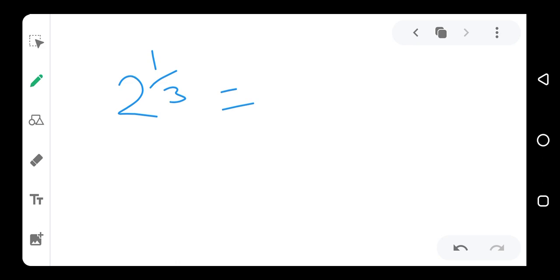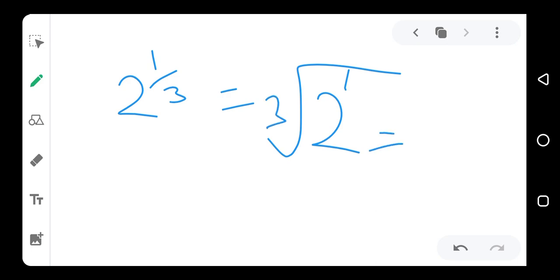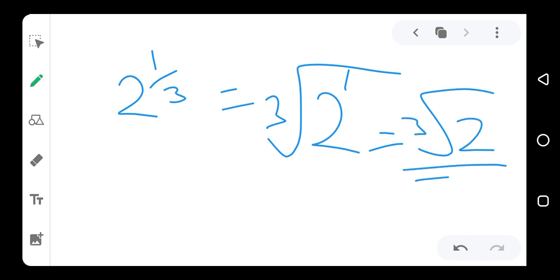This is going to be 2, which is the base, raised to power 1, then the roots, and then we write 3, which is equal to the cube root of 2. So this is the answer.